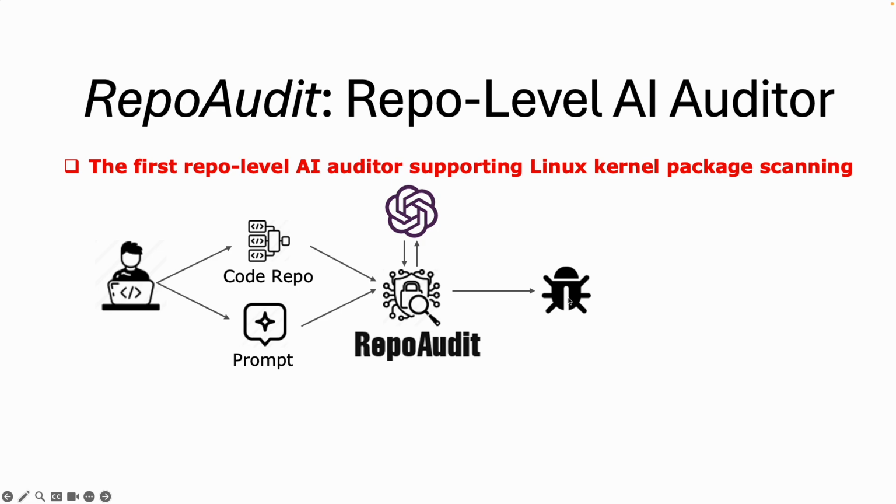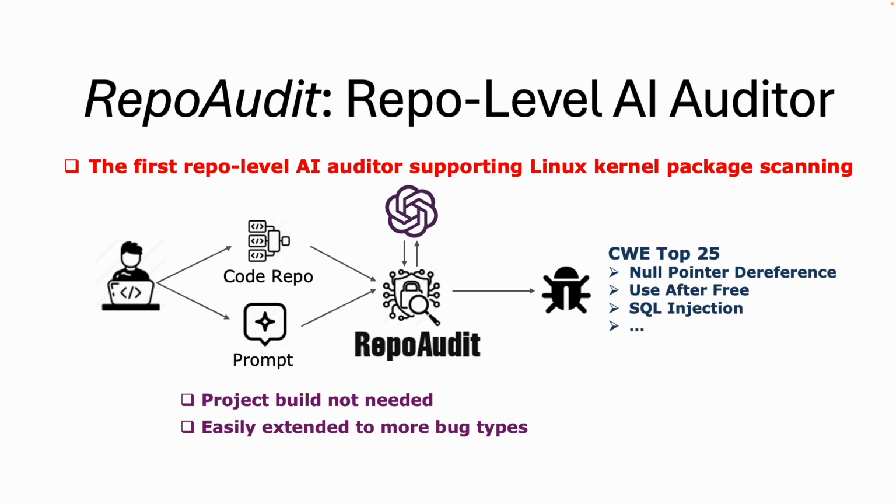Compared with existing code auditors, RepoAudit has several significant advantages. First, the user doesn't need to build the projects anymore. They don't need to solve tricky problems in the project configurations and compilation. Second, RepoAudit is very easy to extend to other bug types.